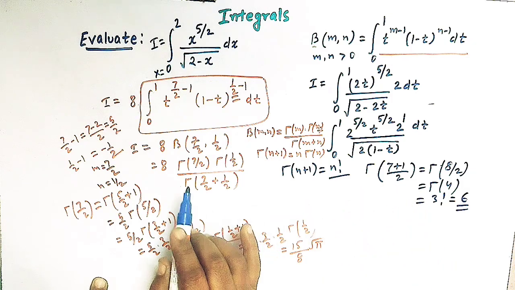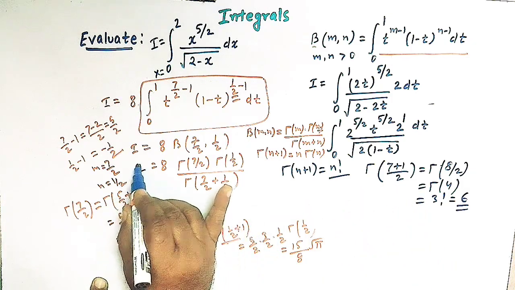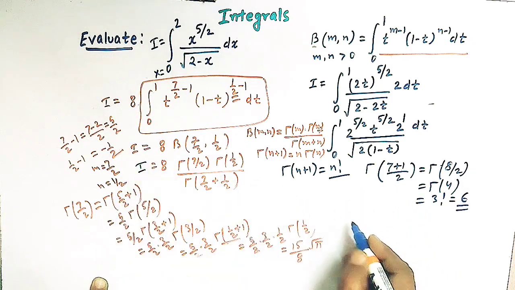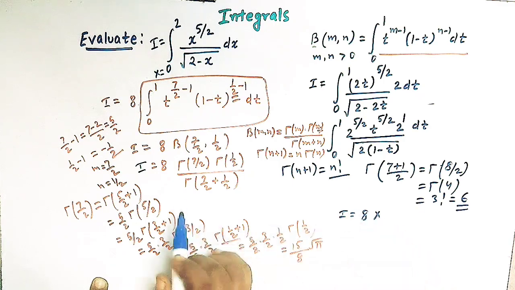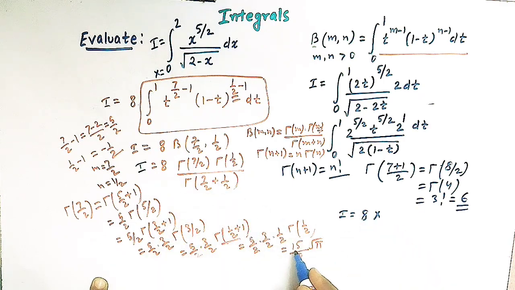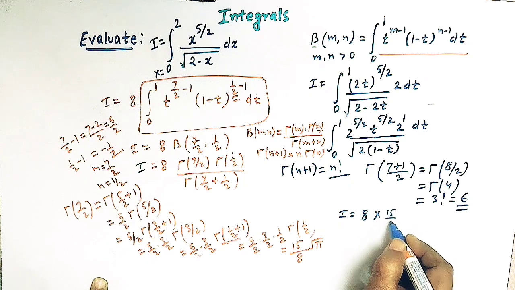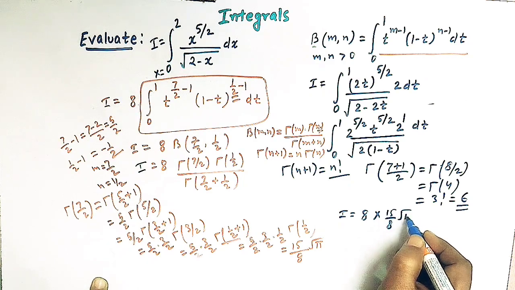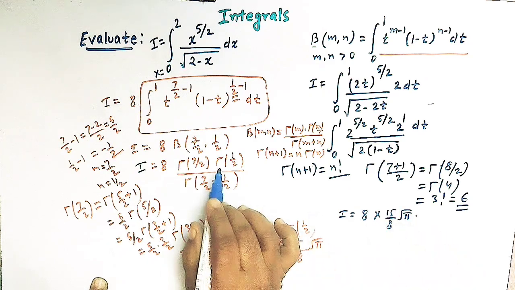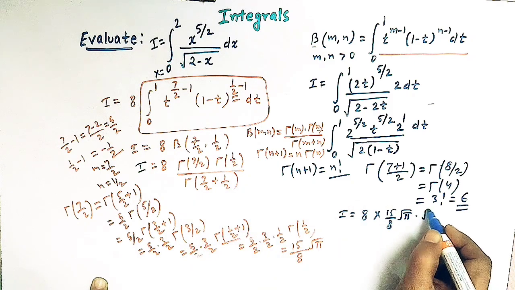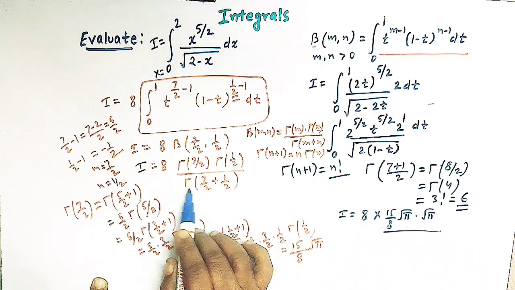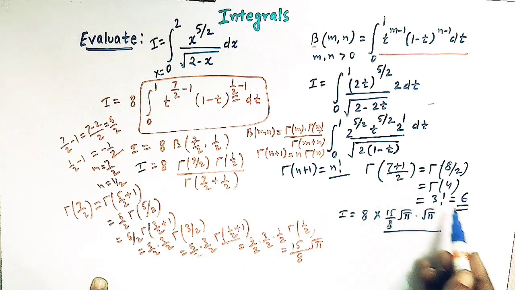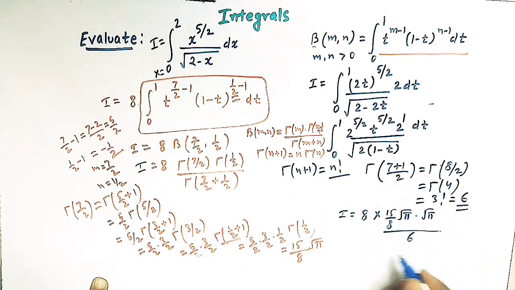So now we can write the value of this integral I as 8 times gamma 7/2, which is 15/8 root pi, and gamma 1/2 is square root of pi, divided by this expression, which is equal to 6, right?